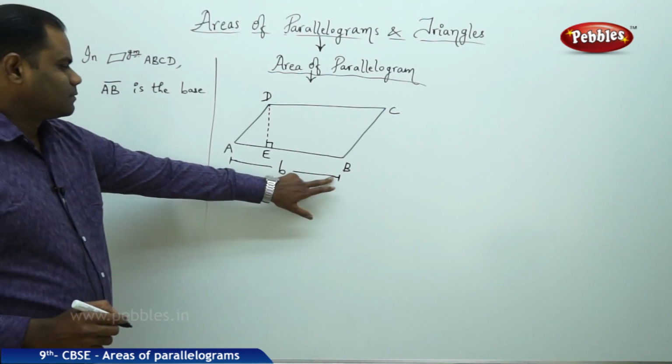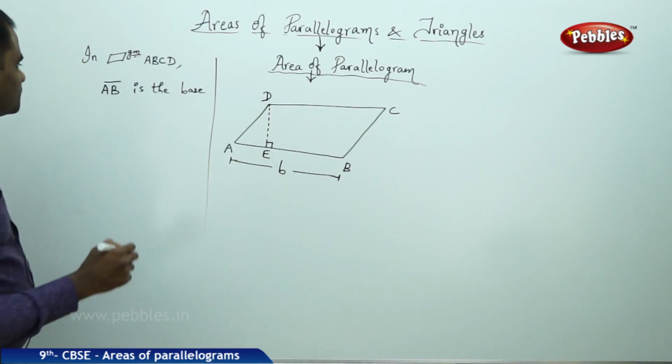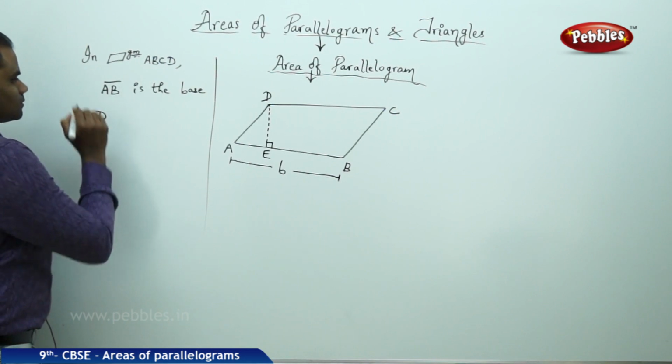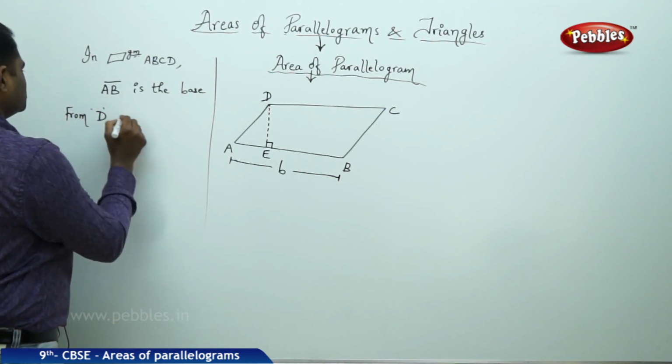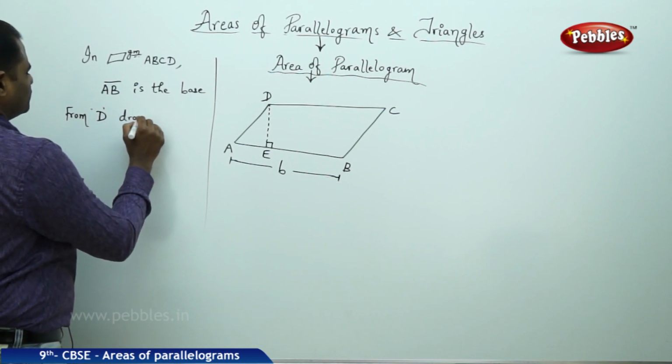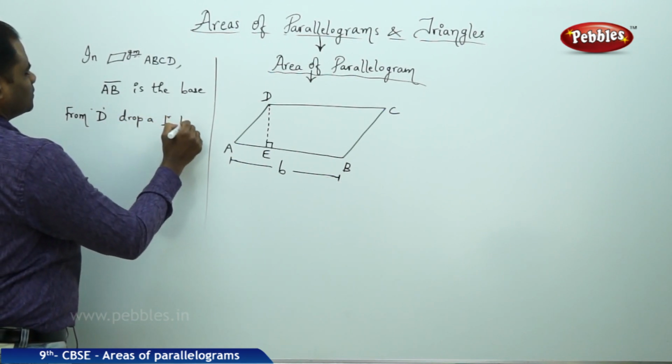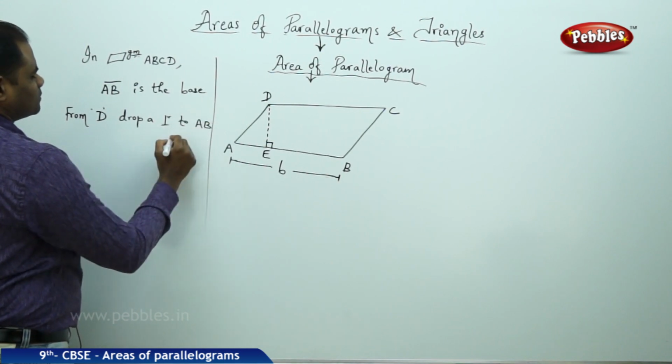Now comes DE. What is DE? From D, drop a perpendicular to AB.